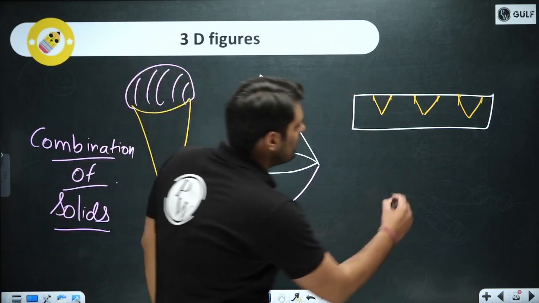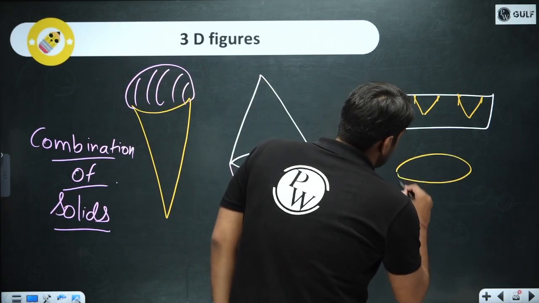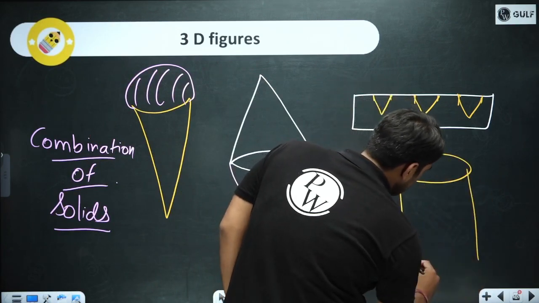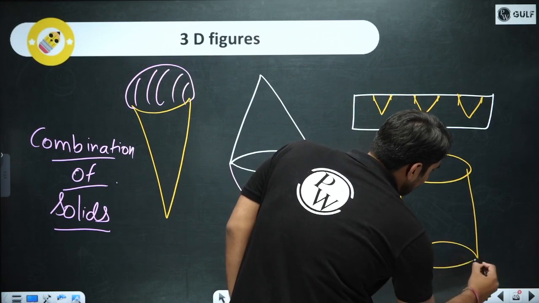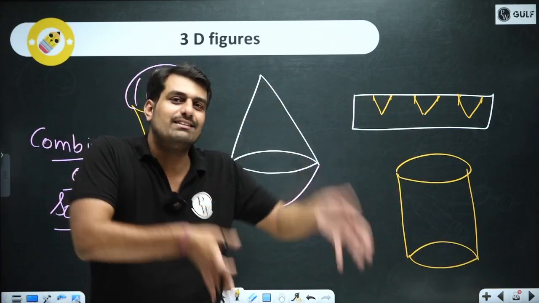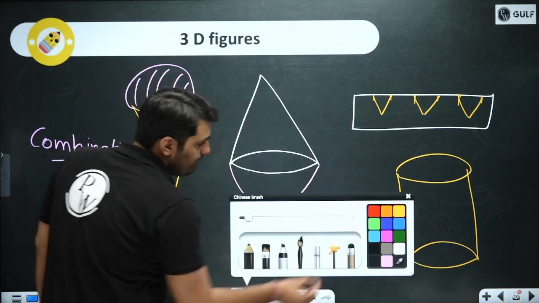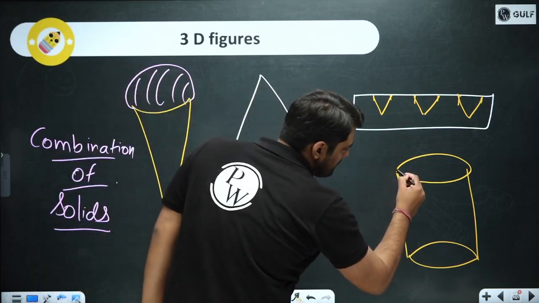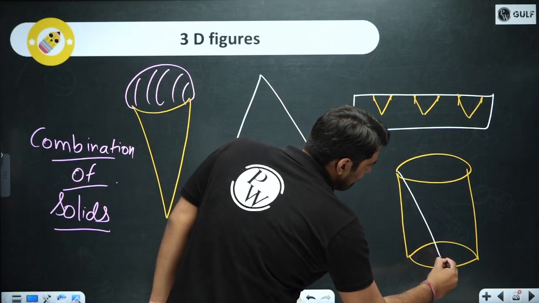If I put up a cylinder, like this is a cylindrical tank, and inside the cylindrical tank, let's say we have put up a conical structure entirely. We have dropped a big conical structure, so it will appear like this.